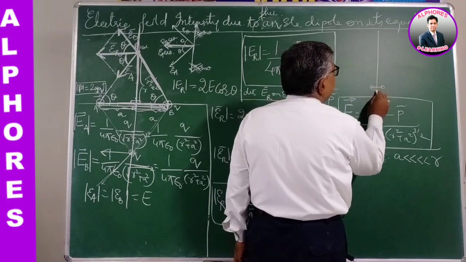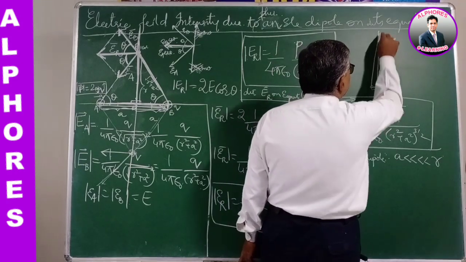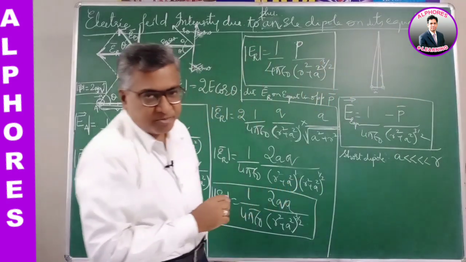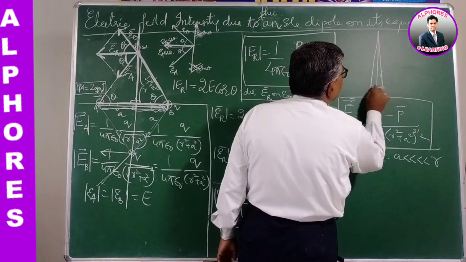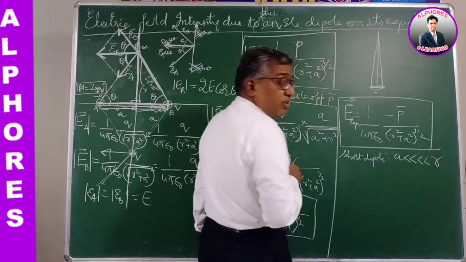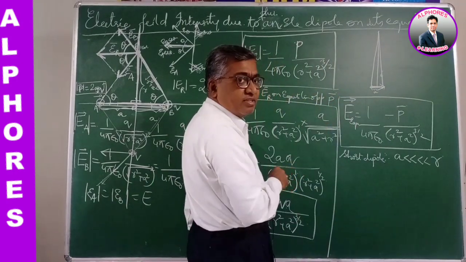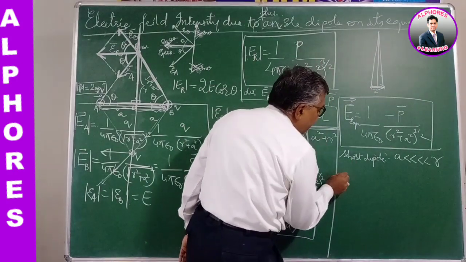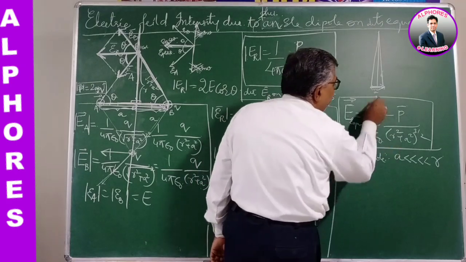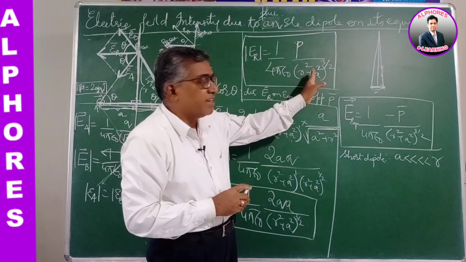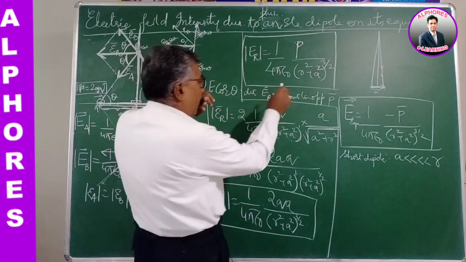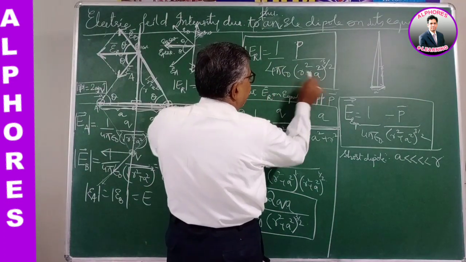So A is less, R is more. So the dipole is short, the length is less. You know the symbol for a short dipole is like this. Therefore, for a short dipole, A is very much less than R.